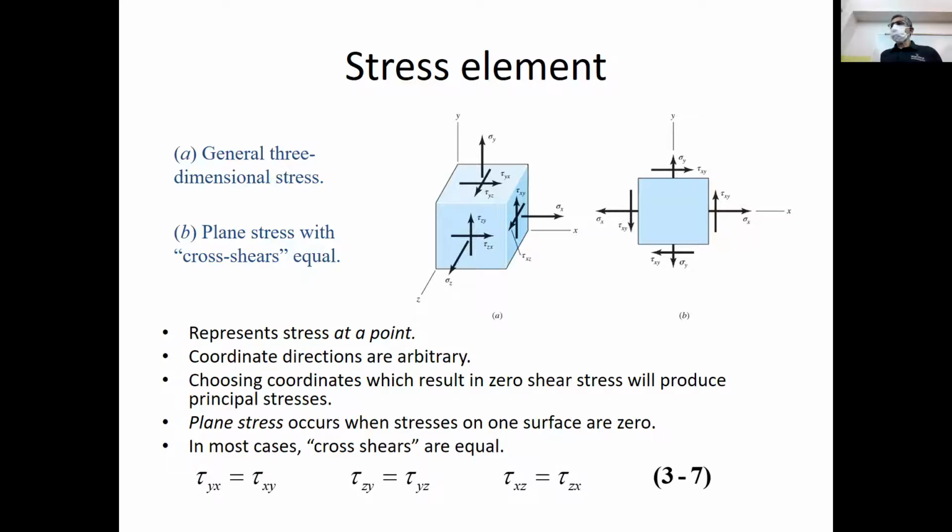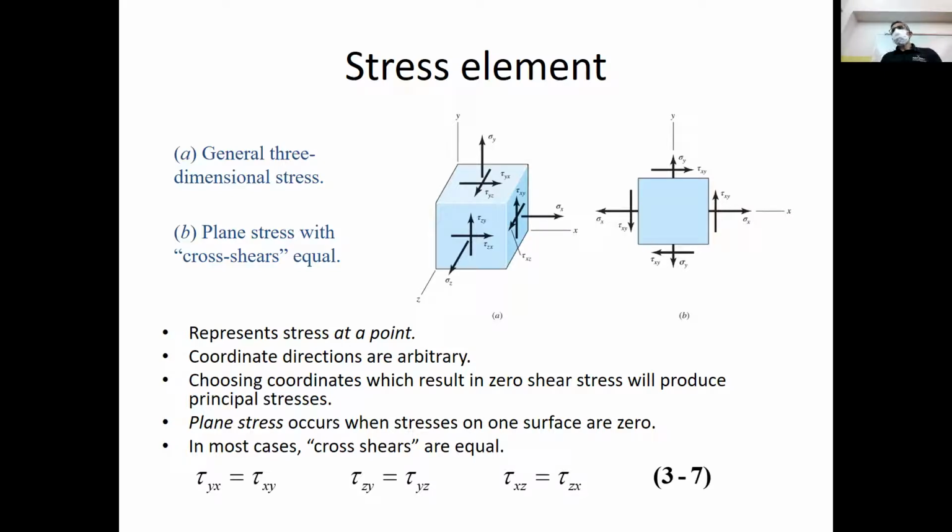For 3D stresses, you see here the general 3D stress. I'm looking at a cube that is showing faces in the X, Y, and Z direction. And keep in mind that these X, Y, and Z directions are directions that we choose or make up.